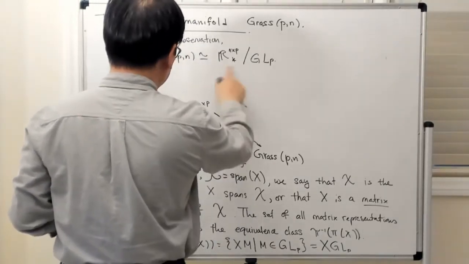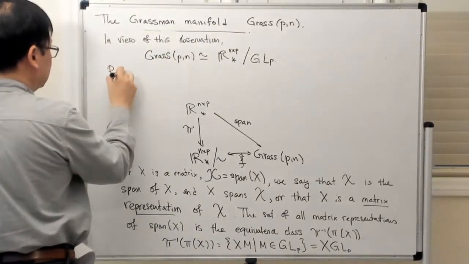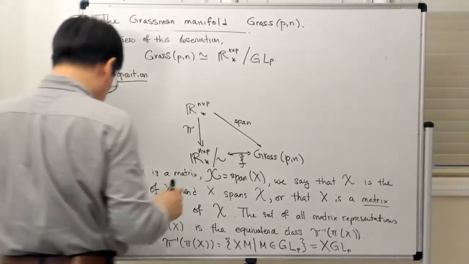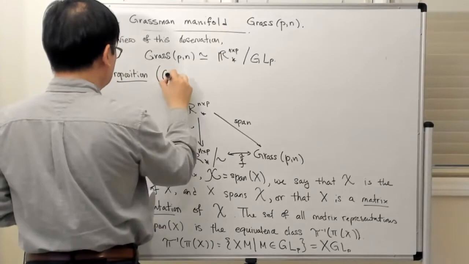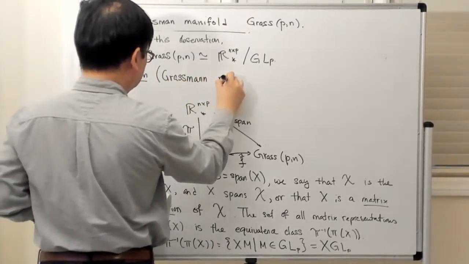So you can show that this quotient is actually a quotient manifold. Let me just state the proposition. This is the Grassmann manifold.